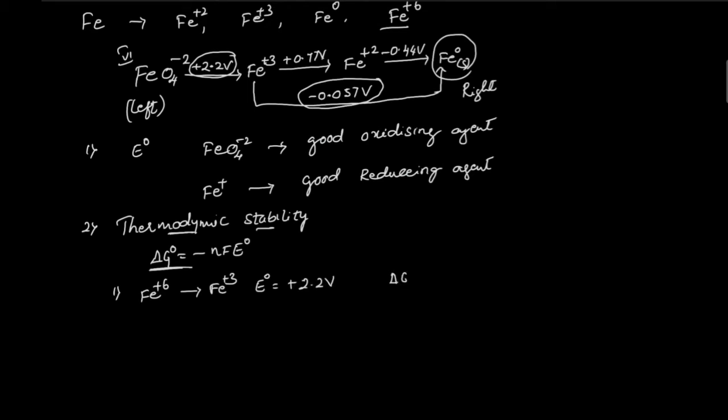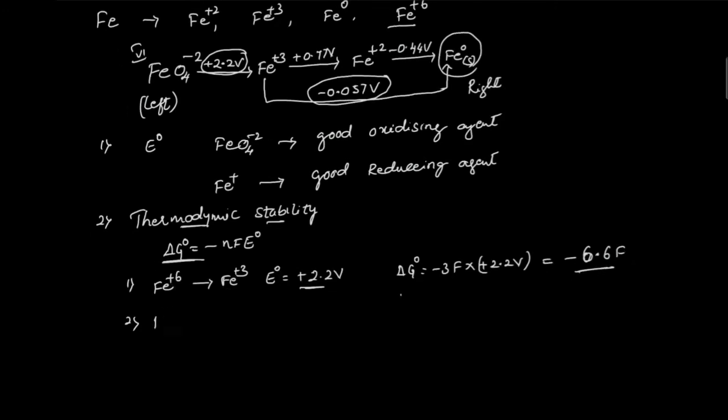So if you calculate delta G naught value, how many electrons are involved in this reaction? 3 electrons. That's why minus 3 into F, Faraday's constant, into what is the E naught value? Plus 2.2 volt. After calculating this, you will get minus 6.6 F is the delta G naught value.